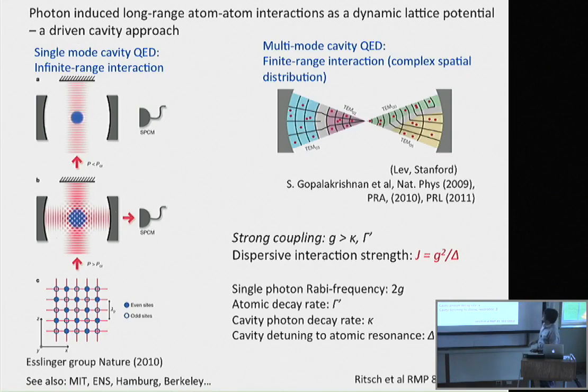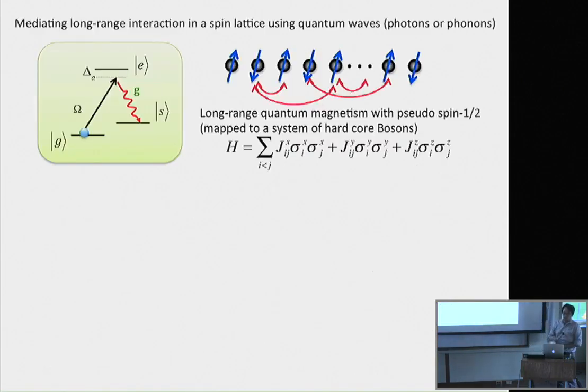Yesterday we also heard Monika talk about another scenario, where you fix all the atoms in space, take two stable ground states of the atoms, and use an external pump to drive a two-photon Raman transition, with one of the photons coupled into either a cavity mode or a waveguide mode, which is what I'm going to work on.